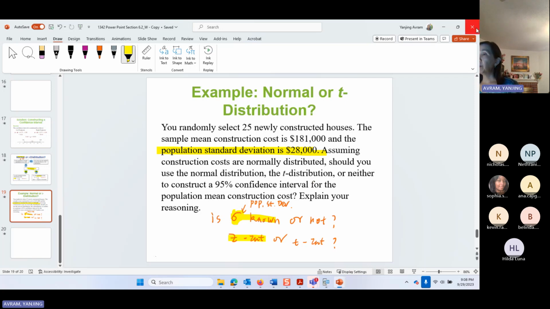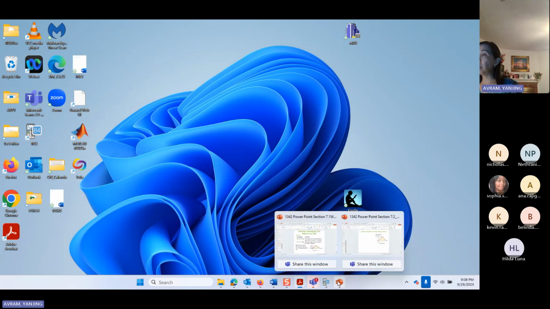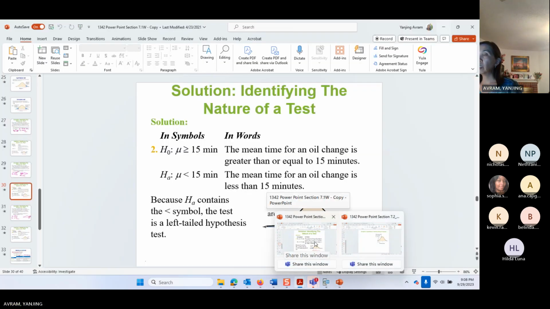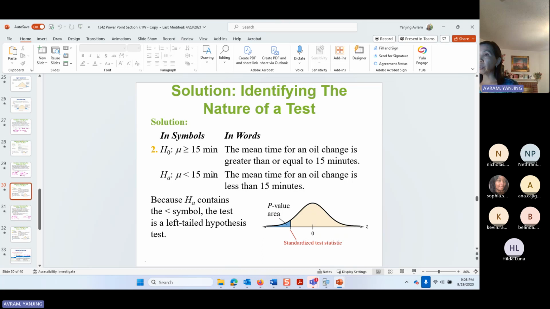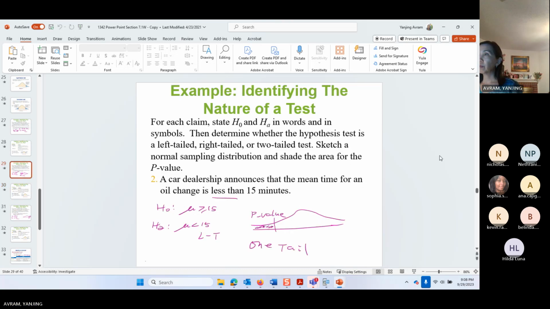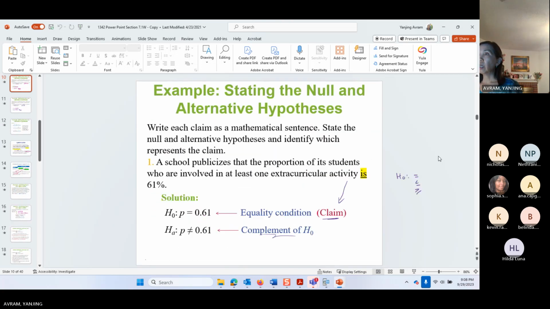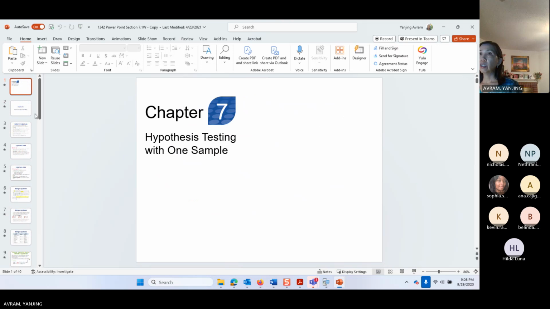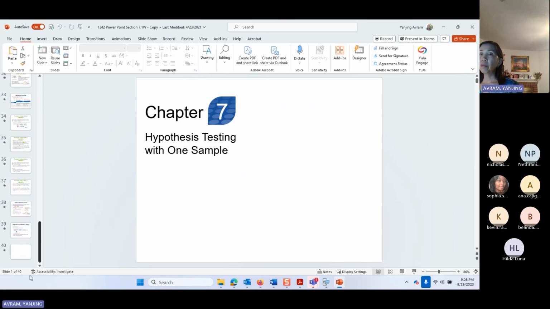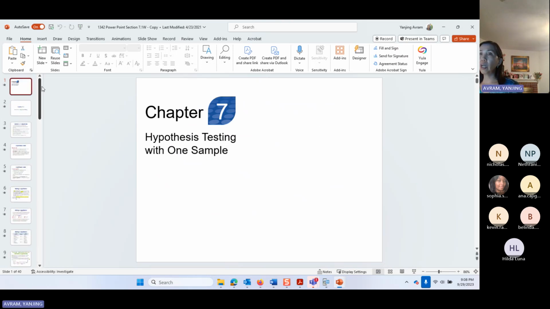In chapter 7 we have 3 sections. I probably just want to cover 7.1 only, not 7.2, if we get time left.